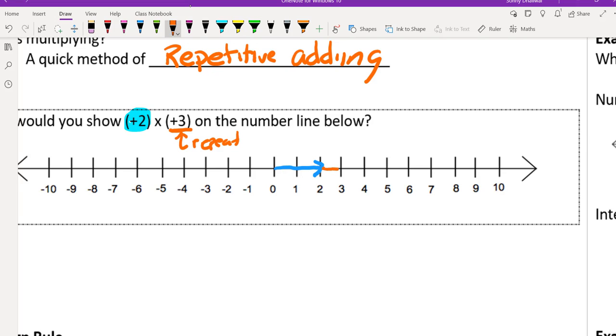So a length of 2 and a length of 2. That's how, on a number line, we show 2 times 3. And what's the answer of 2 times 3? 6. And you notice that it ends at 6. So positive 2 times positive 3 equals 6.